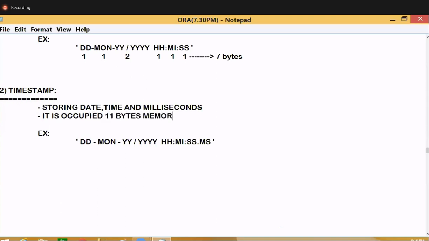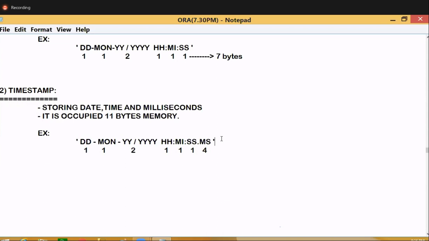How is 11 bytes occupied? DD 1, month 1, year 2 bytes, hours 1 byte, minutes 1 byte, seconds 1 byte, so total 7, and milliseconds will occupy 4 bytes.